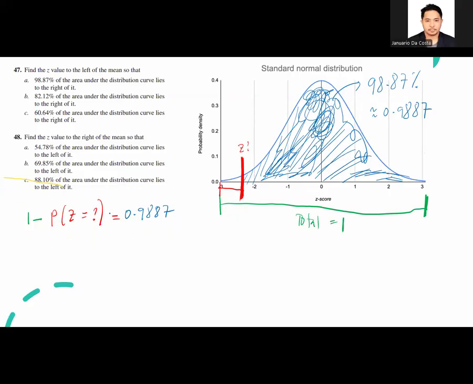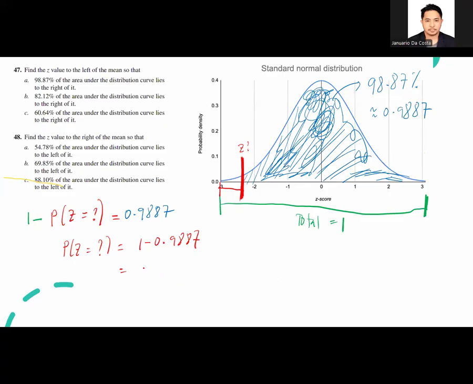Therefore you can simply rewrite the probability of z equal to 1 minus 0.9887. You know that 1 minus 0.9887 is what?